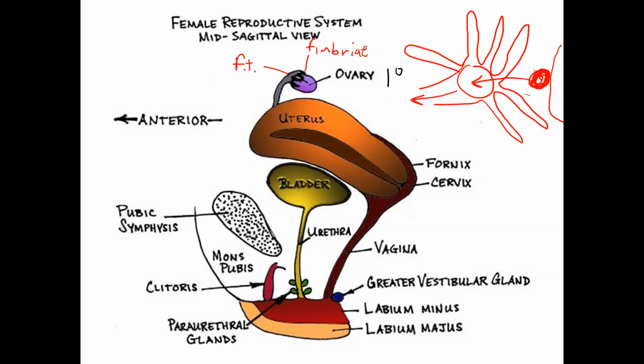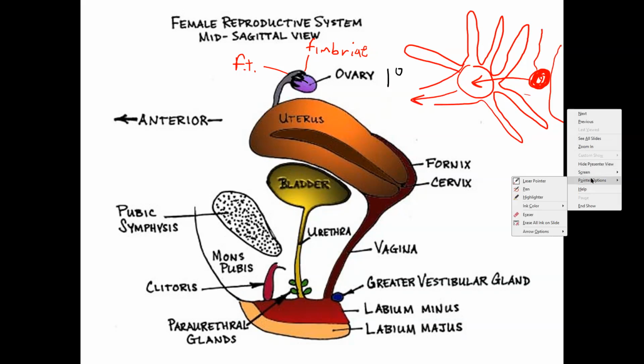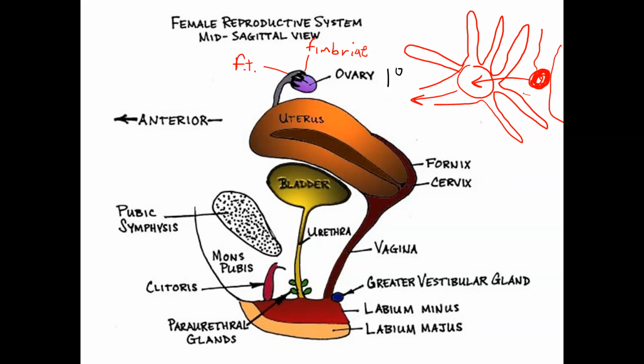But sometimes the egg can just go wandering about. So it's getting pulled towards your fallopian tube, and then who knows, maybe it's moving in, and you just sneeze, or you stub your toe, or whatever it is, and then it just veers off and goes floating on the outside, and it goes this way. Now, if the egg is not fertilized, that's not bad, because it will just go and degenerate somewhere else.